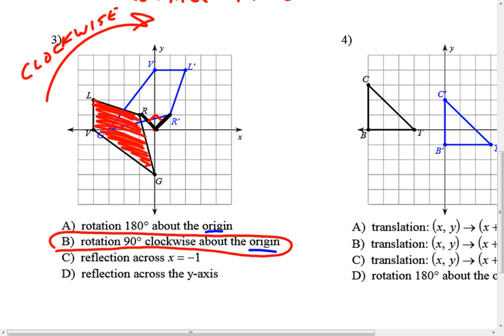Oh, can you explain that again? I took the flag. I want to rotate this flag from here over to here. Pretend that this is the flag, and I just make a handle on it.